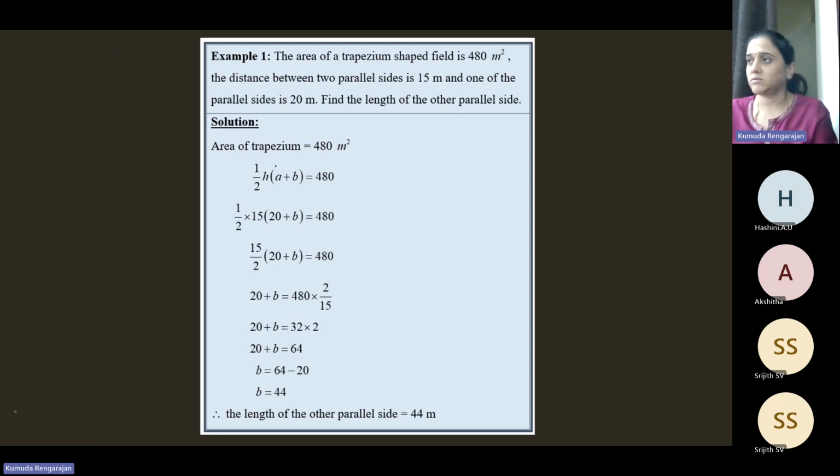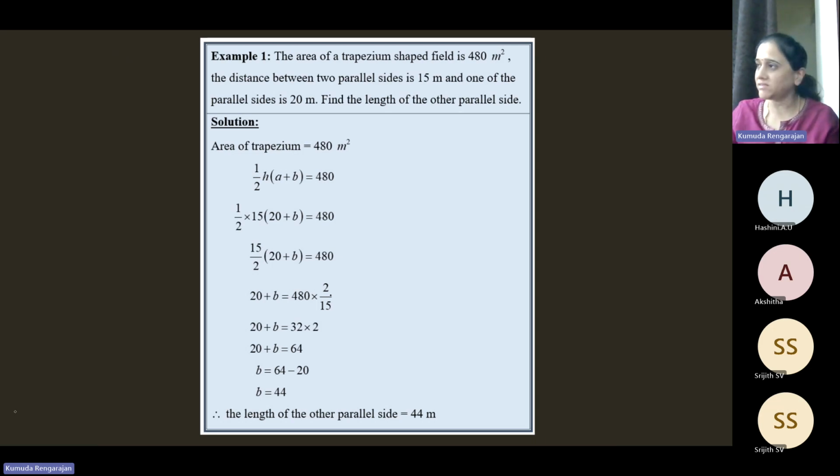So you can also present the answer like this. See here, half H into A plus B is also right: half into A plus B into H, or half H into A plus B. Half H into A plus B is 480. So half into H, which is 15, into 20 plus B is equal to 480. So 1 into 15 is 15, so 15 by 2.